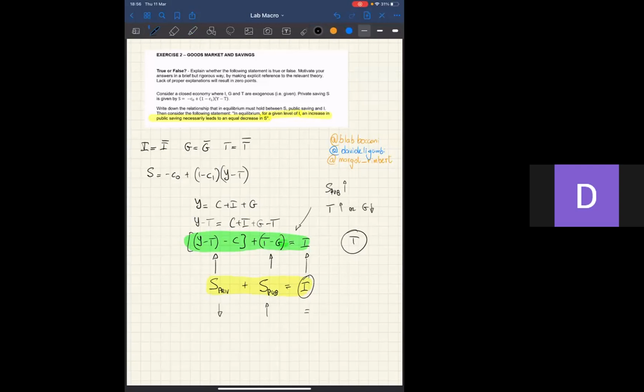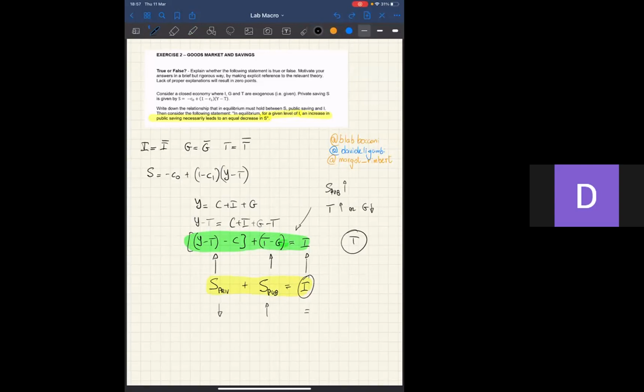So what does that mean? That if taxes are increasing, for the right hand side, therefore they also have to increase here, meaning that the other side of the equation will decrease basically by the same magnitude.